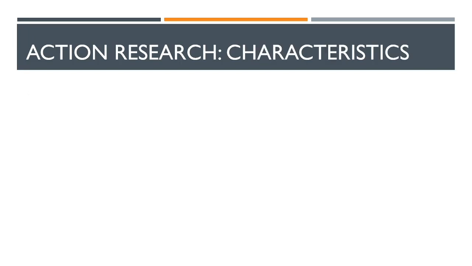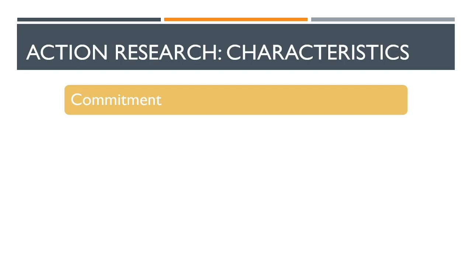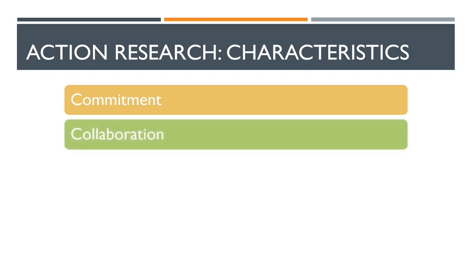Now let's have a look at characteristics of the research. The first one is commitment, which means the researcher should be committed to the research work. The second one is collaboration. It is a collaborative process. There should be collaboration between researcher and the sample.